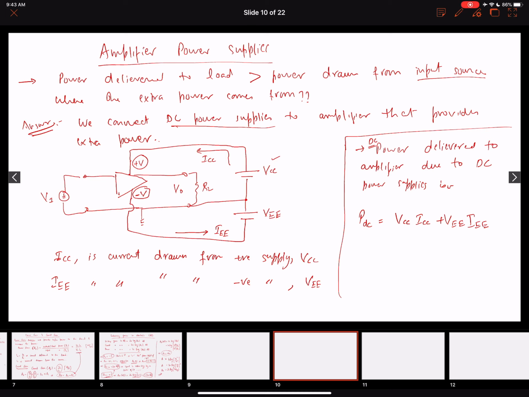So this is one power that is delivered to the amplifier.